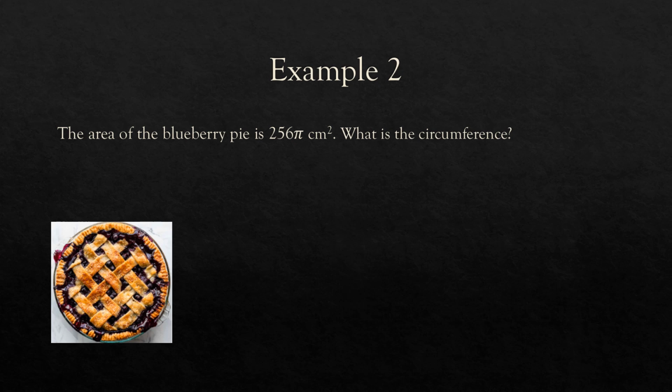Our second example: the area of the blueberry pie is 256 pi centimeters squared. So again, I'm going to write down area is 256 pi centimeters squared. What is the circumference? So here we have the area. Let's use our area formula. Area is pi r squared.